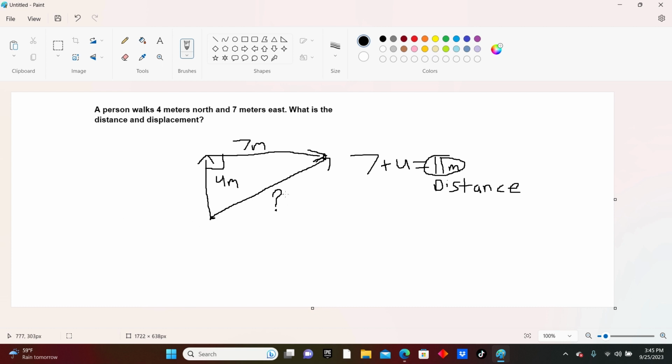Let's label this component x. So x equals the square root of 4 squared plus 7 squared.